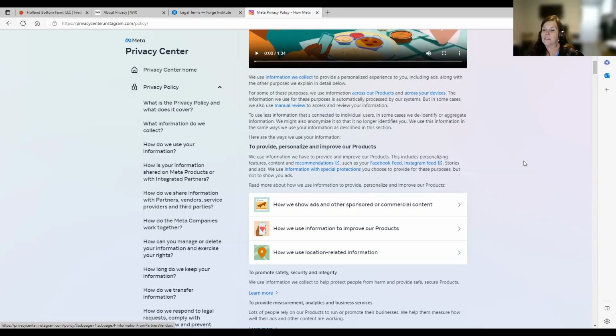Other than that, I haven't seen any other way that they might use your information, but obviously the data is stored someplace, and likely in what we call big data or servers that have a lot of data stored in them.